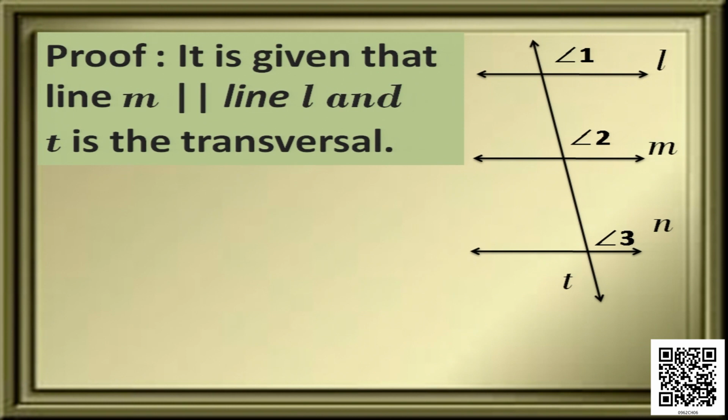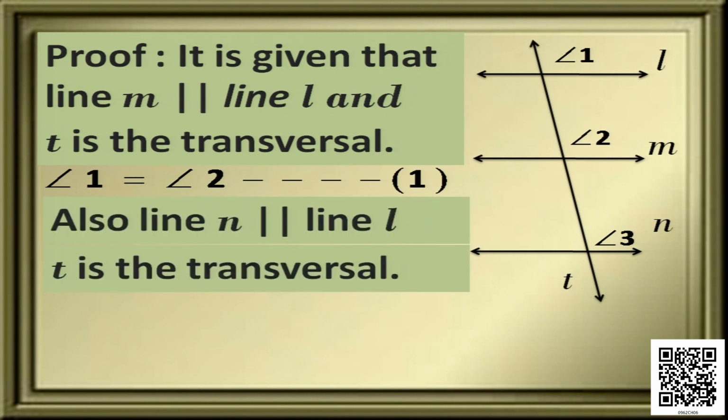It is given that line M is parallel to line L and T is the transversal. Then what are the corresponding angles? Angle 1 and angle 2 are the corresponding angles, so they are equal. Now let's consider another pair, N with L. T is the transversal.